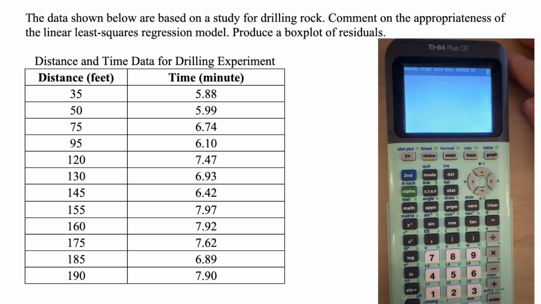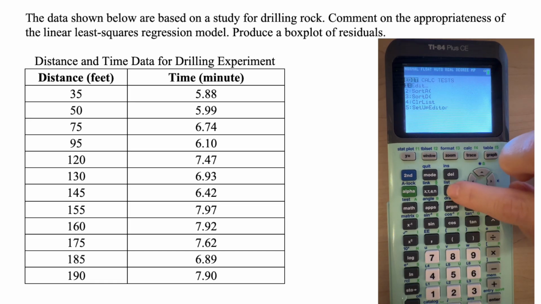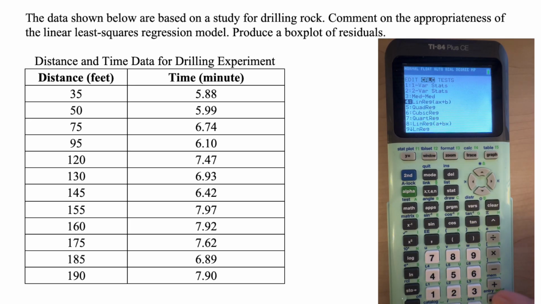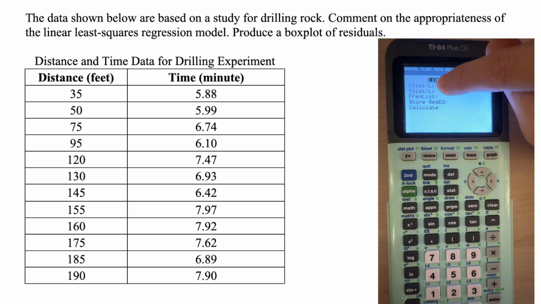Next, I will find the least squares regression line. Press Stat, use the right arrow to highlight Calc, and go down to number 4, enter. I store the X values in L1 and the Y values in L2. Leave this blank.